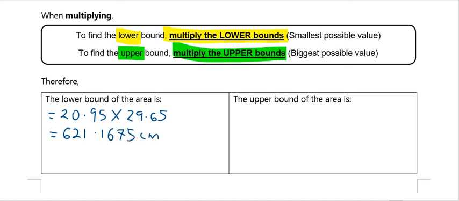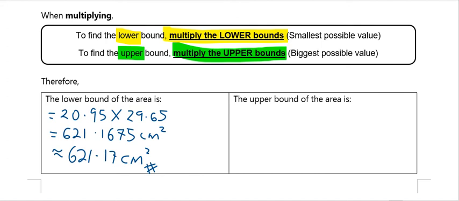Now we are going to use the idea that we learned last time, which is on using a sensible degree of accuracy. Since you are using 2 decimal places in your dimension lengths and widths, you are going to round this off. So you will get 61.17 centimeters squared. So this is the lower bound of the area, right?